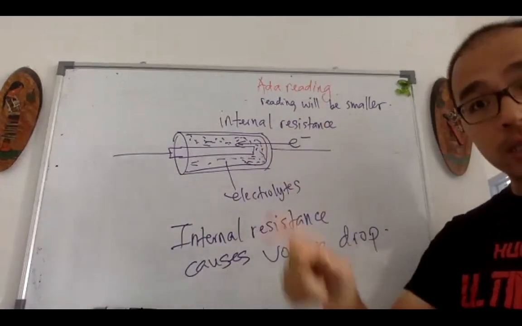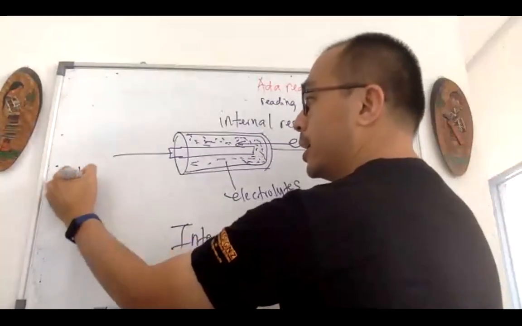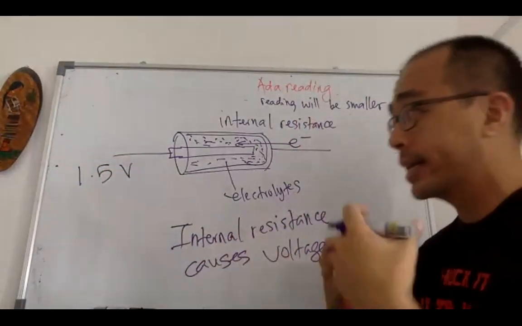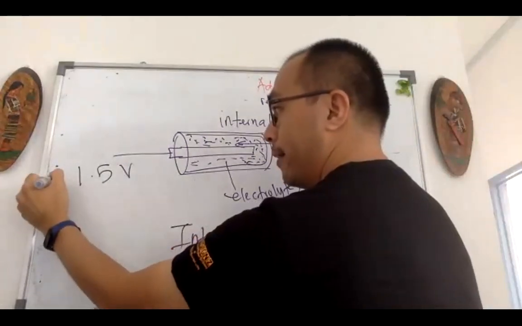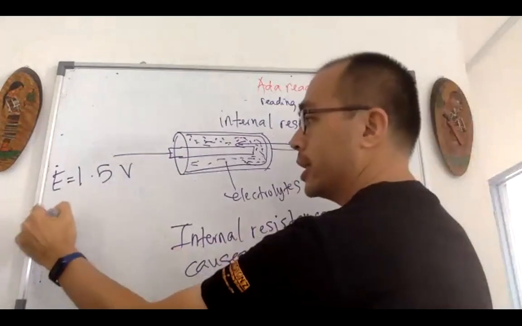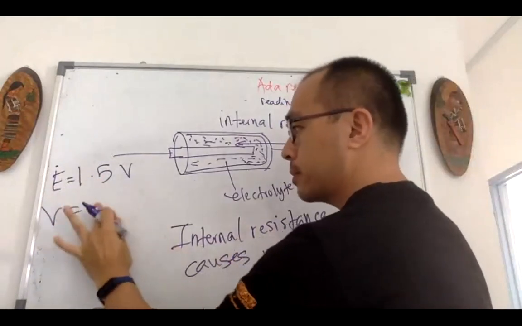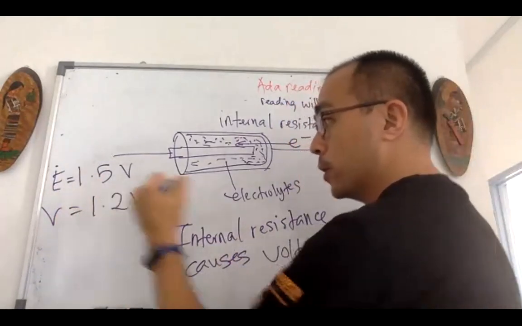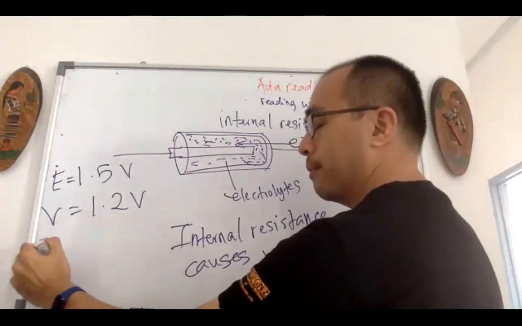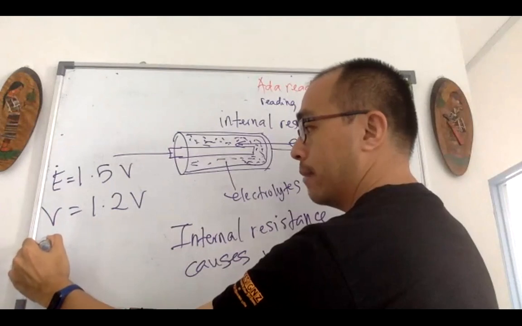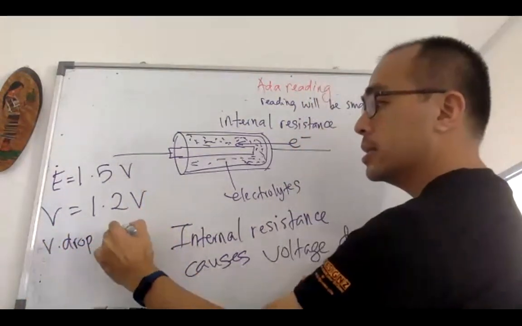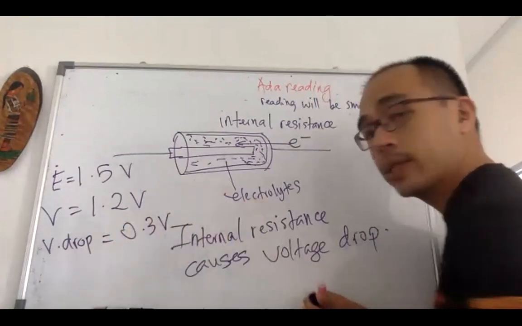So if you remember our situation just now, originally it is 1.5 volts when the circuit is open. When the circuit is open, the EMF is 1.5 volts. When I close the circuit, the voltage becomes 1.2 volts, so there is a voltage drop, and the voltage drop is 0.3 volts.